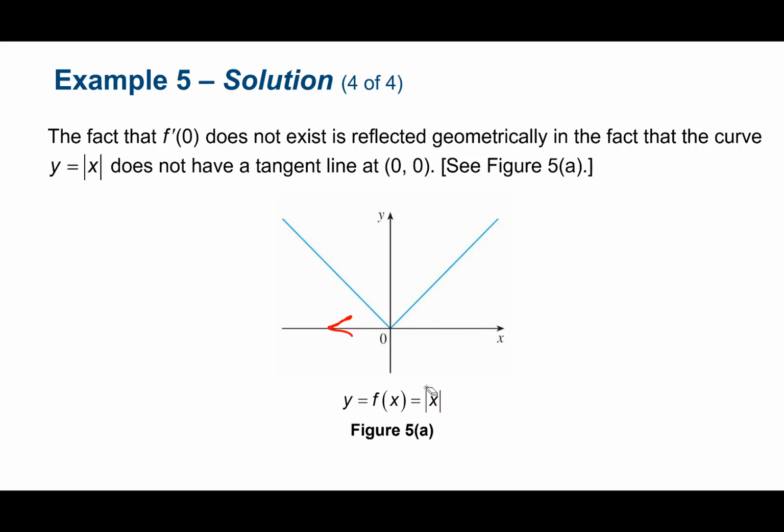So we've got really an infinite number of choices for lines that we could call tangent lines, starting here and then rotating all the way through an infinite number of angles until you get back here. So we don't have one tangent line at x equals 0 because of that corner.